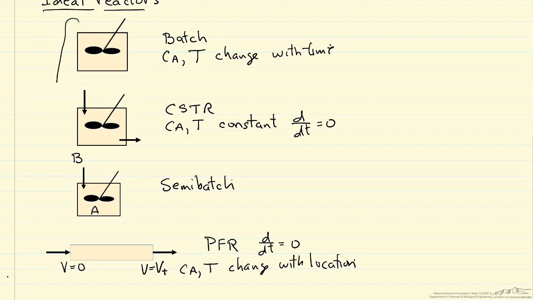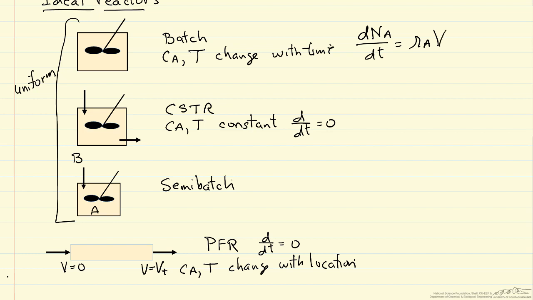So these three reactors, when we model them, we assume that they are uniform spatially, or the other term used is they're gradientless. Now if we look at the mass balances for these, for the batch reactor, change in number of moles, so A is the number of moles of A, with respect to time is the rate of reaction times the volume of the reactor contents.